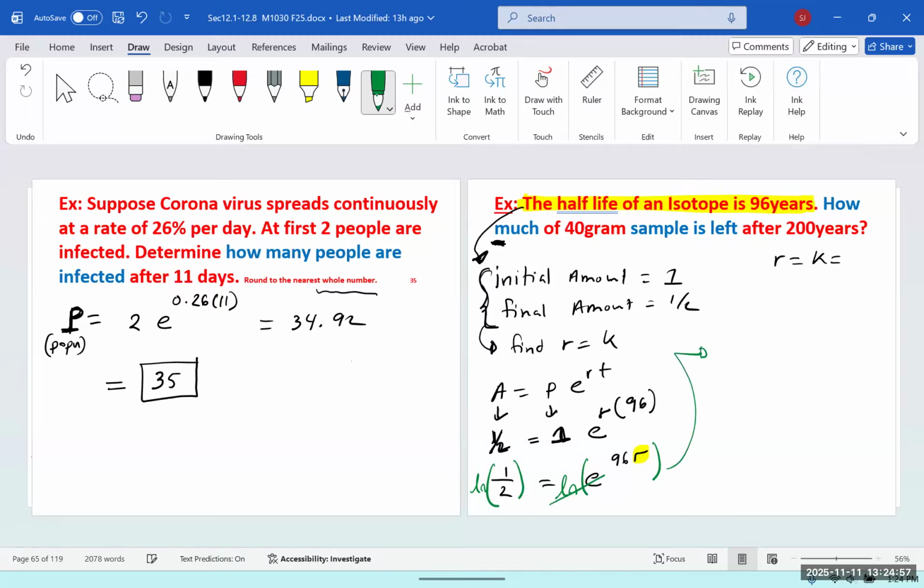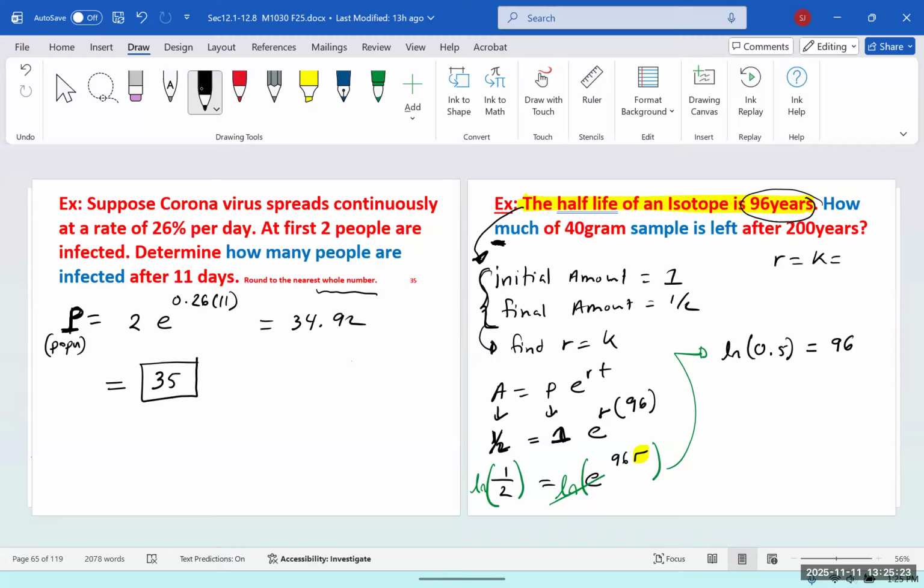And we get ln of 1/2, which is negative 0.693. It's equal to 96R.